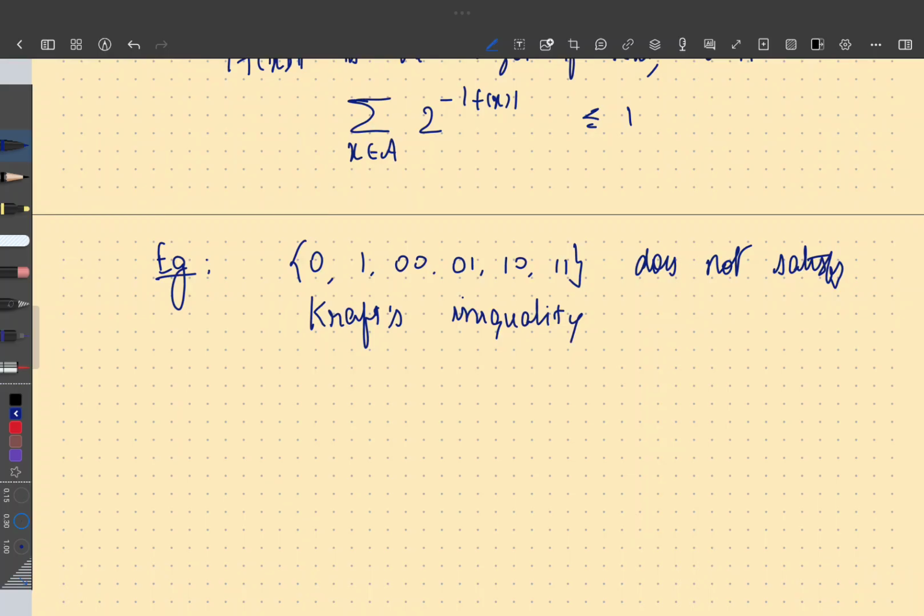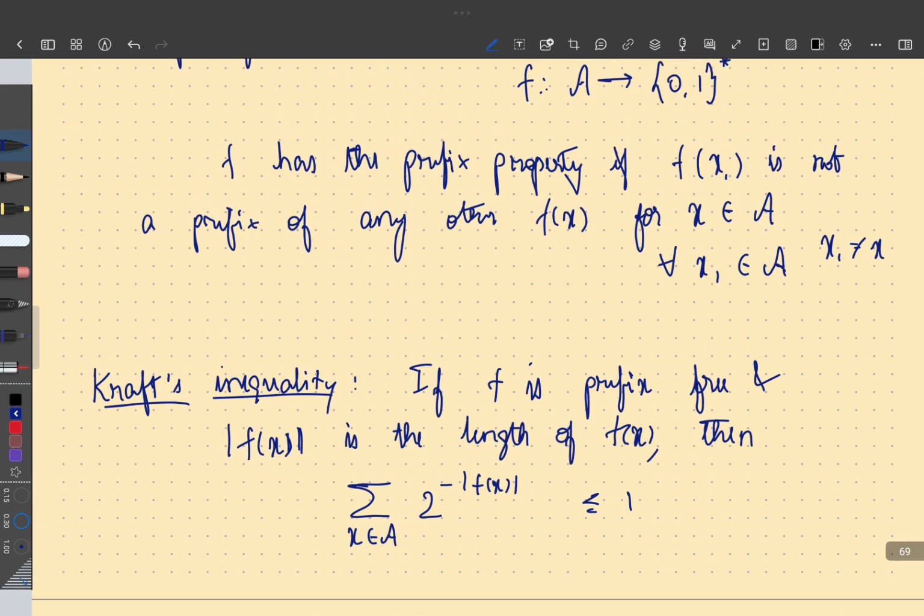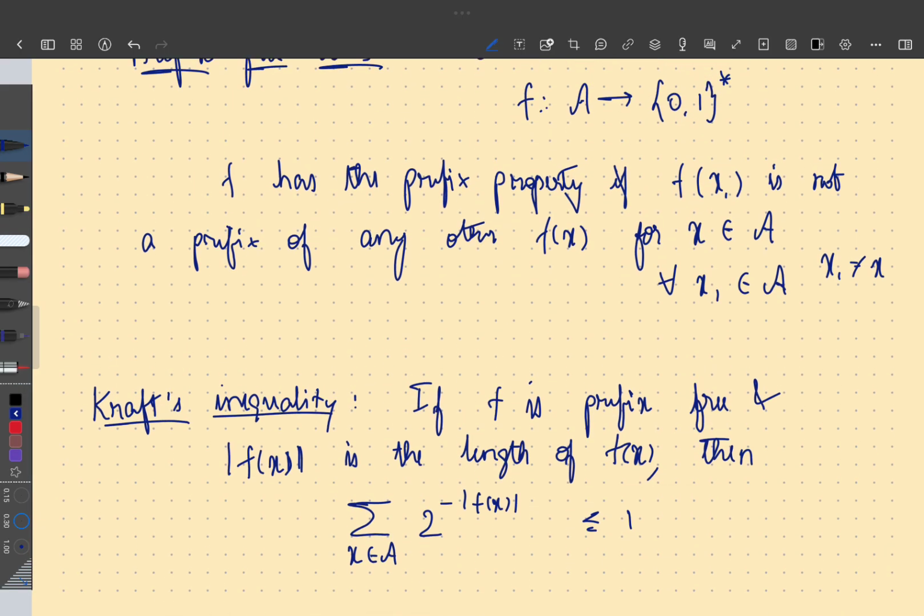Correct, exactly. So it's not prefix free. But you can come up with a prefix-free code, for example 0, 10, 110, 111. This is prefix free. I think in the definition you should have a minus. Why, what do you mean? Belonging to a minus set of x, because it can match to itself. Yeah, so x1 is not equal to x.